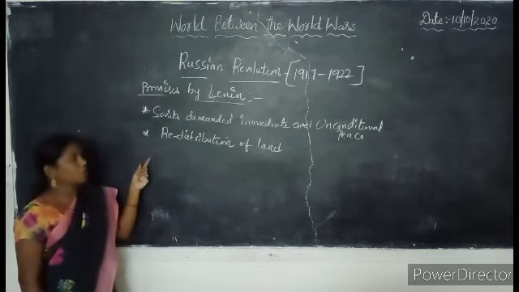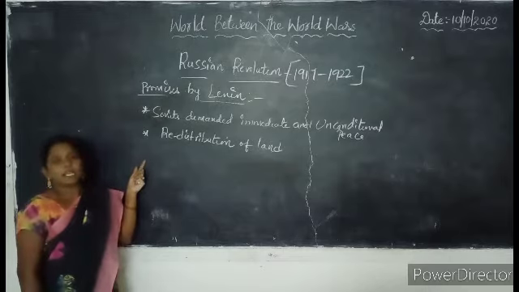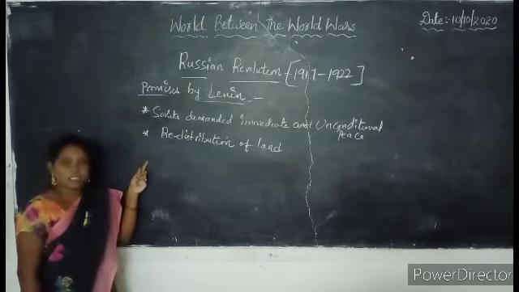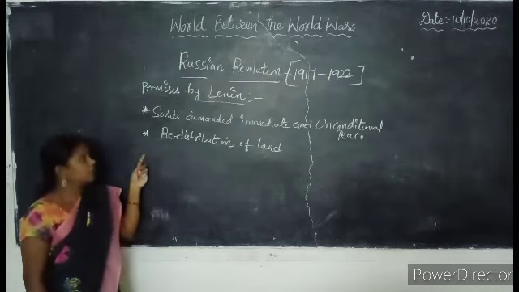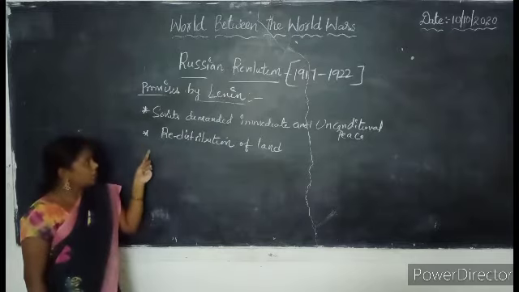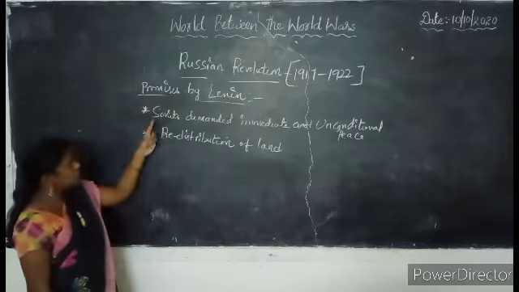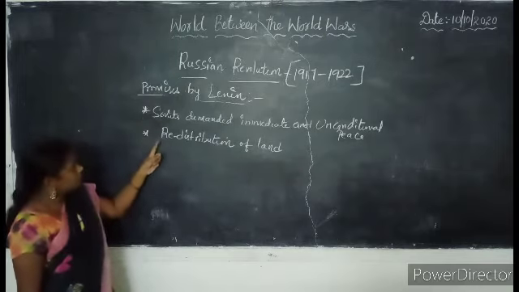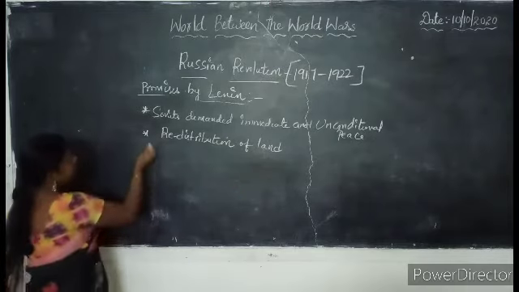The peasants were tilling their land, doing their agriculture, but they were paying rent to the feudal lords. So there was no income or benefit for the peasants. Everyone should have their own land in Russia. So that's why he said there will be a redistribution of land in Russia.